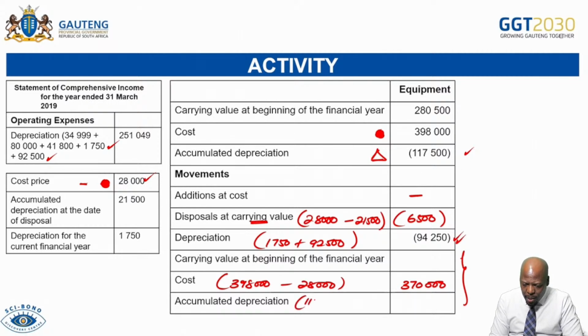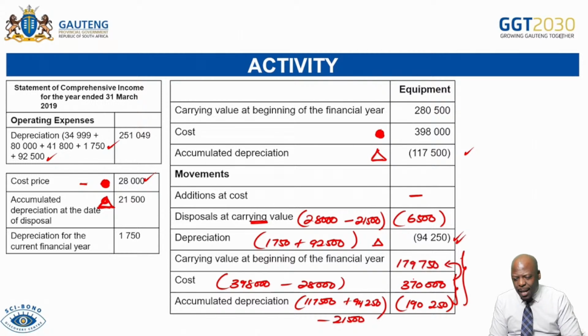Okay, so it's 117,500 plus your depreciation for the year, 94,250, minus your accumulated depreciation, 21.5, and that would give you 190,250, like that. And then if you get the difference between these two, they'll give you that amount there at the top, which would be 179,750, and then that note is completed.